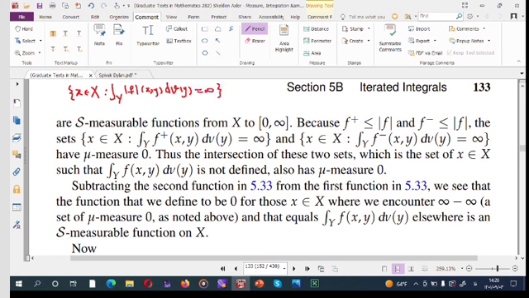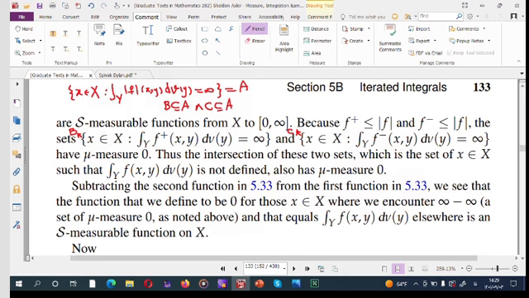If we consider this set A, for example, this set B, and this set equal to C, then this integral equals infinity.